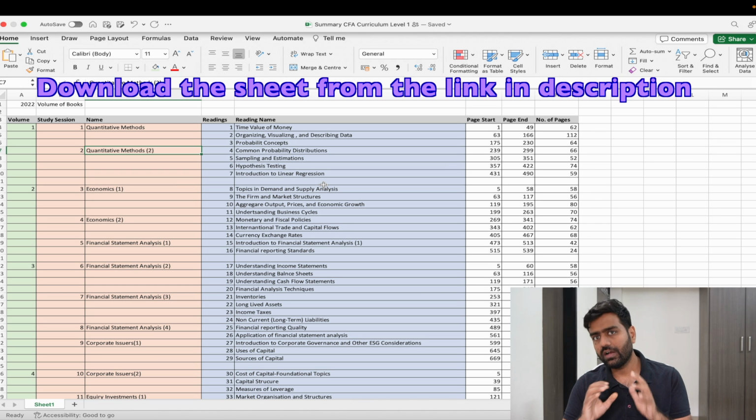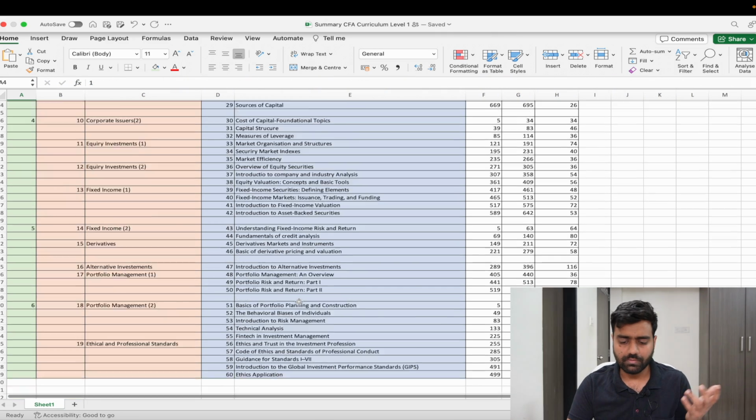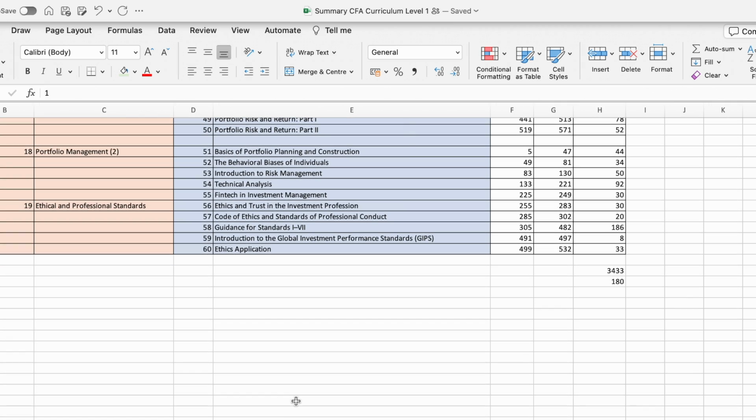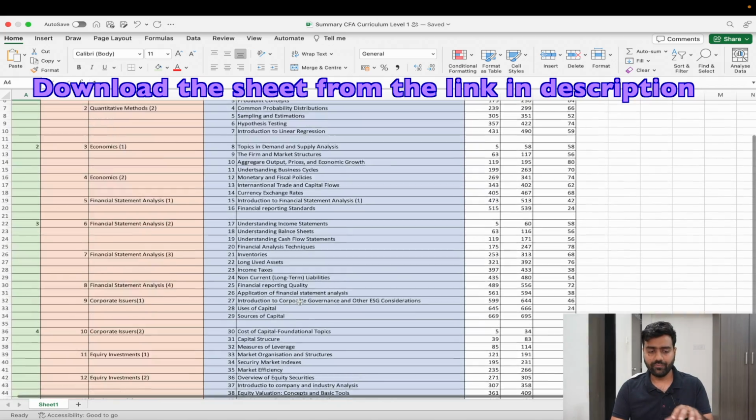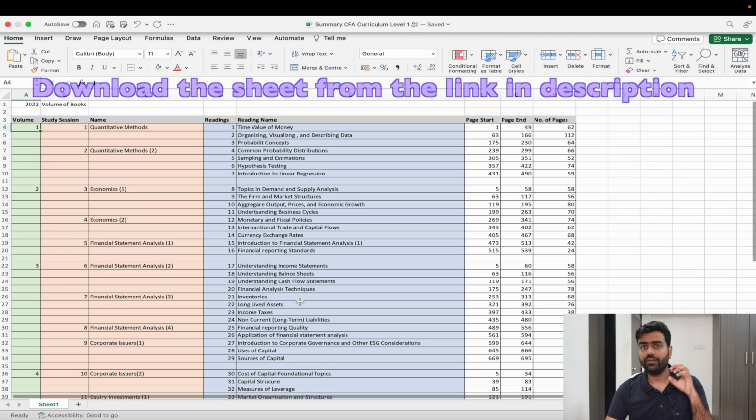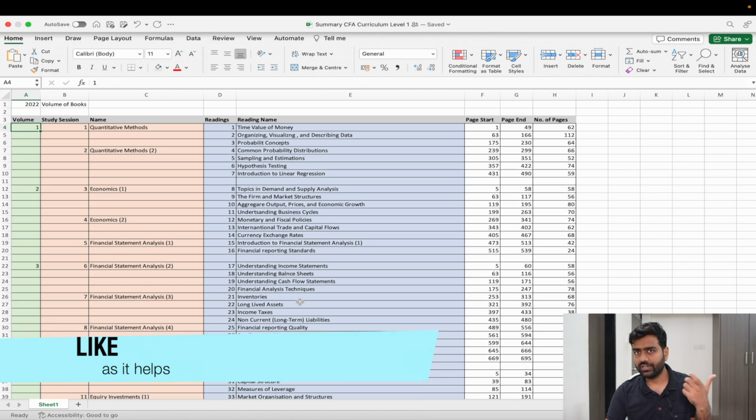These 60 readings are covered under 6 books, right? Each book is called Volume 1, Volume 2, Volume 3, Volume 4, Volume 5, Volume 6, which in total comes to like 3,433 pages, more or less around 3,500 pages, which you have to cover to clear the CFA Level 1. To help you out, I have created this summary.